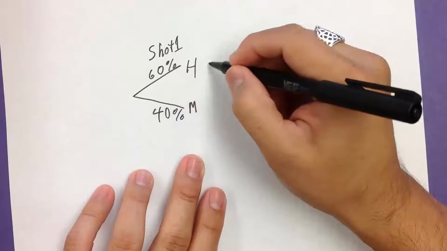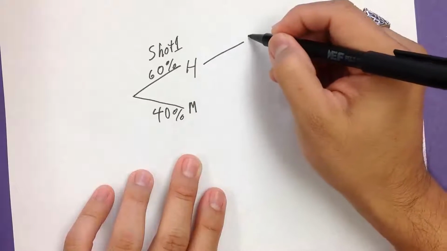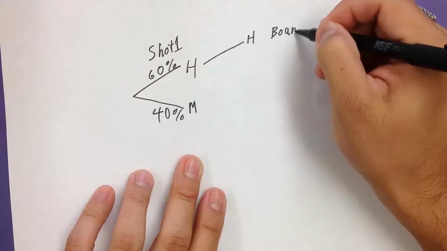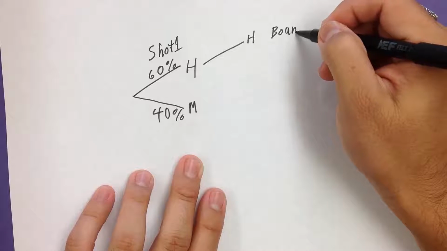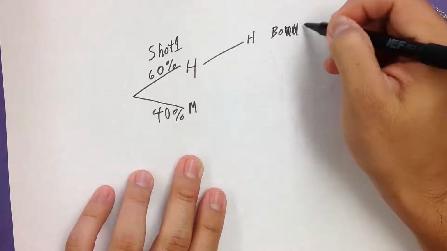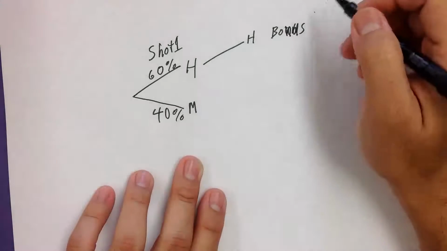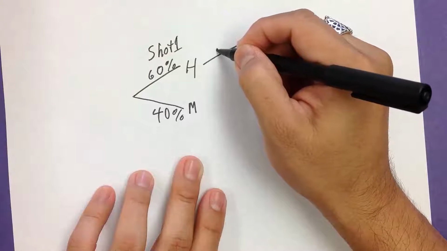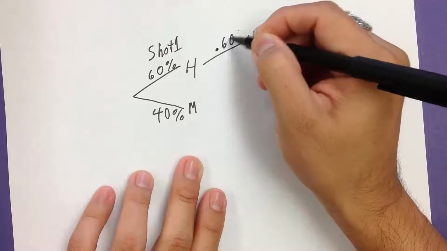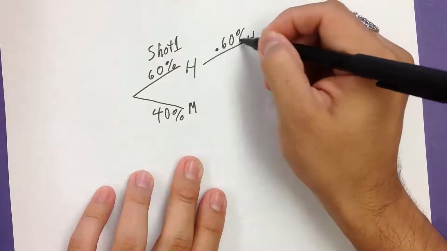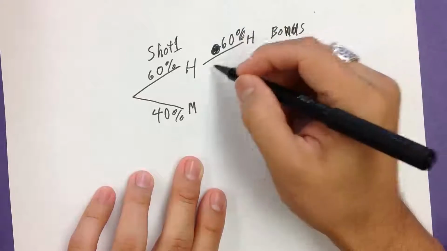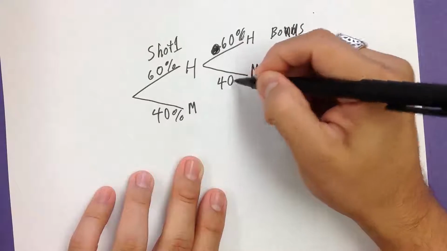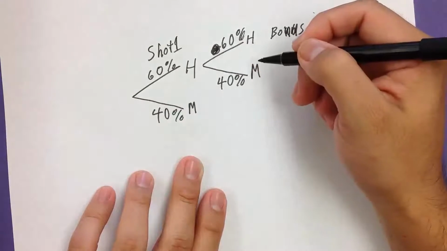Now, this is for if she hits it again, she gets the bonus shield. So it's still the same probabilities. 0.60, our 60% of the time, she'll hit it, and then 40% of the time she'll miss it.